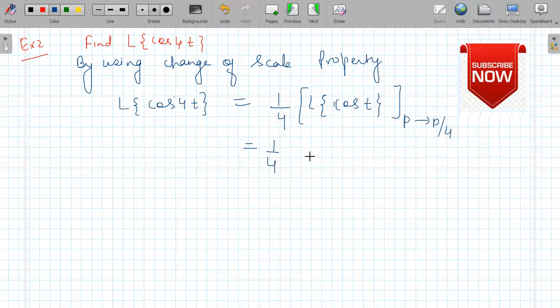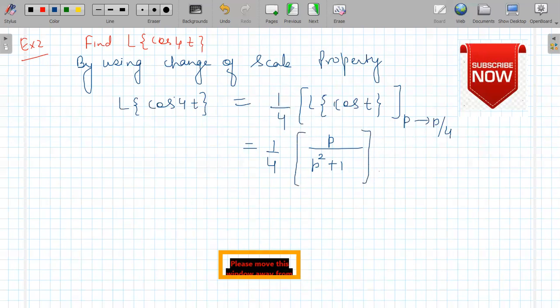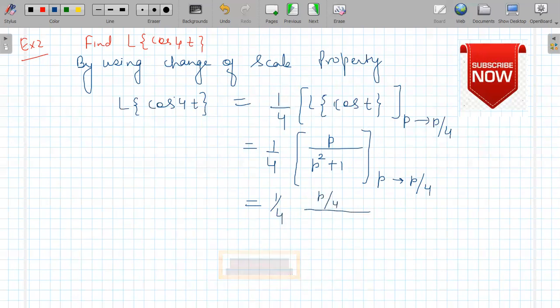This is 1/4. This is p upon p square plus 1, I think. And then p is replaced by p by 4. So this is 1/4 into p upon 4 over p square upon 4 square plus 1.